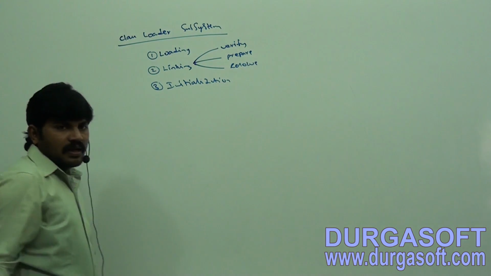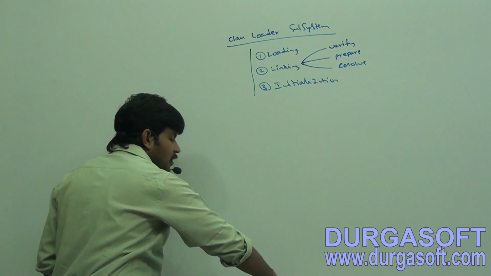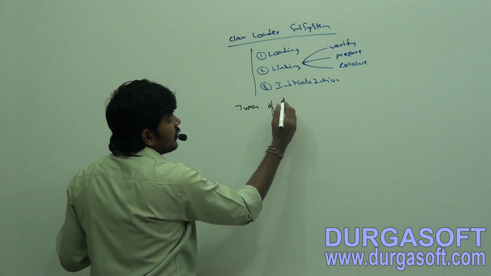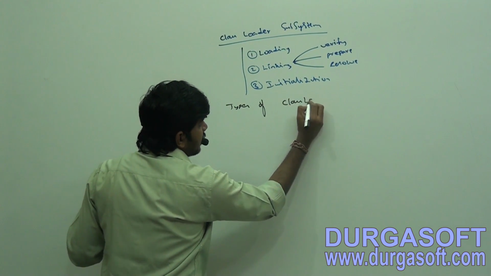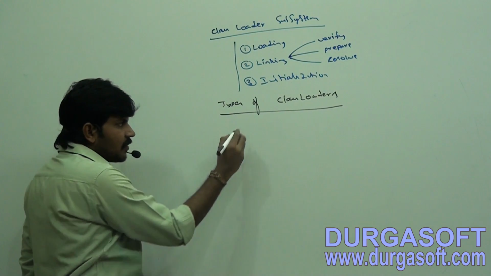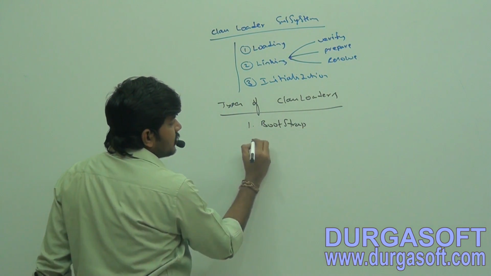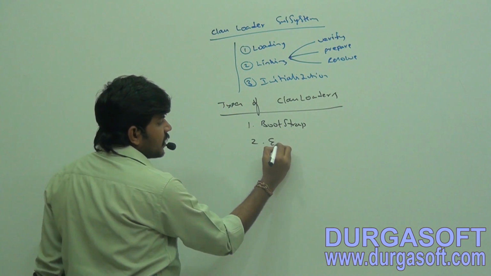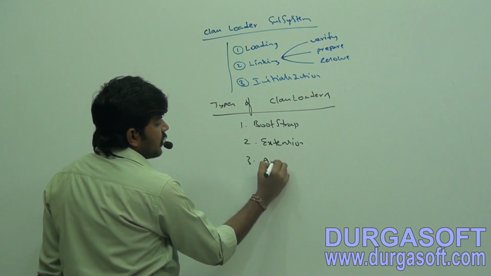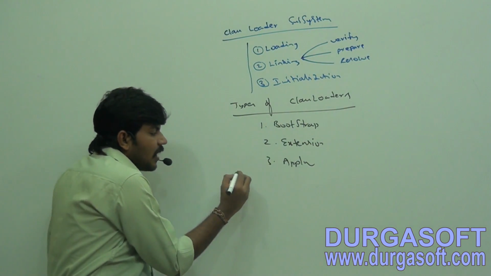After that, we covered the types of class loaders. In Java there are 3 categories: the bootstrap class loader, the extension class loader, and the application class loader.